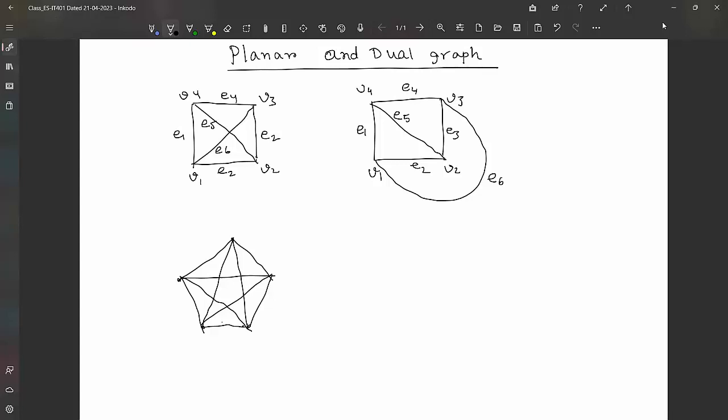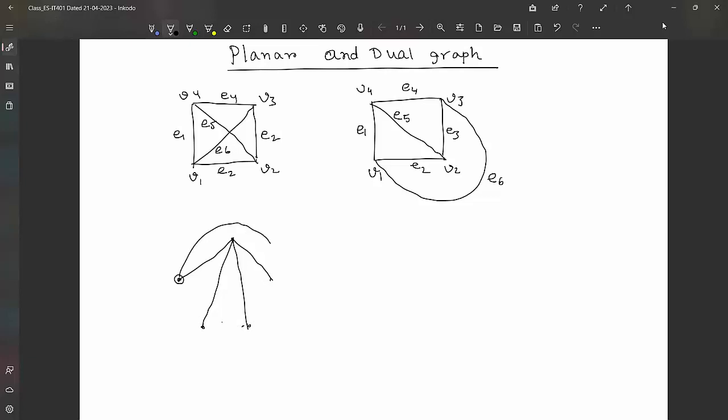You can't draw this graph in a way that 2 edges will not intersect. Just try to do that. So first connect all the lines with the remaining vertices like this. So just connect these 4 vertices. After that you want to connect from here to all the other vertices.